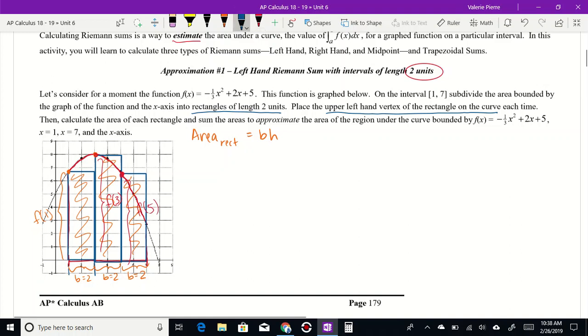So what this means is that the definite integral from 1 to 7 of f of x dx is approximately equal to the area of my first rectangle, which is 2 times f of 1, plus the area of my second rectangle, which is 2 times f of 3, plus the area of my third rectangle, which is 2 times f of 5.